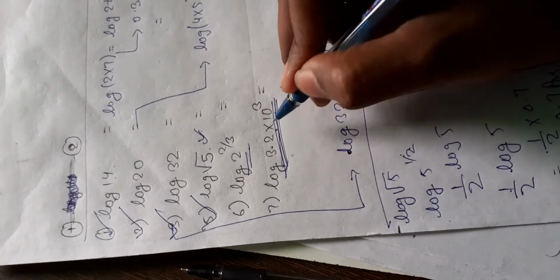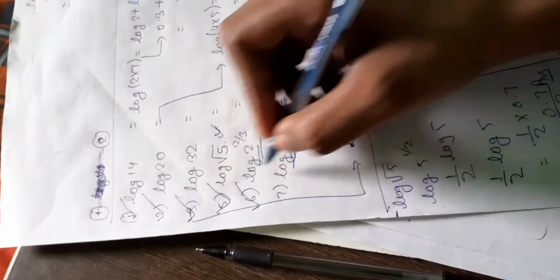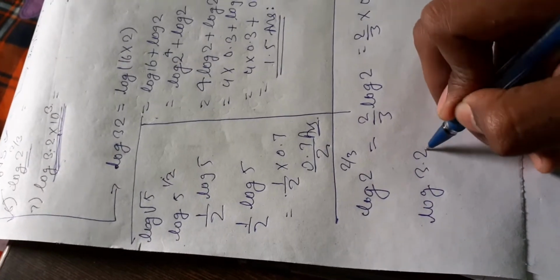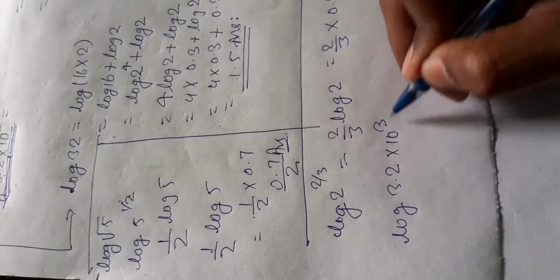Okay, so the last question, which is very confusing, log of 3.2 into 10 raised to the power 3.